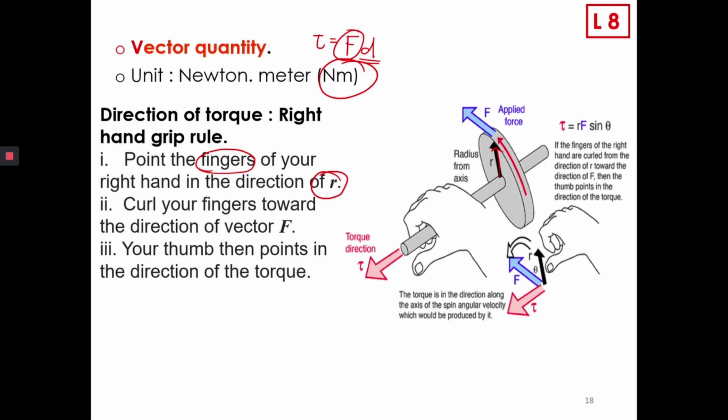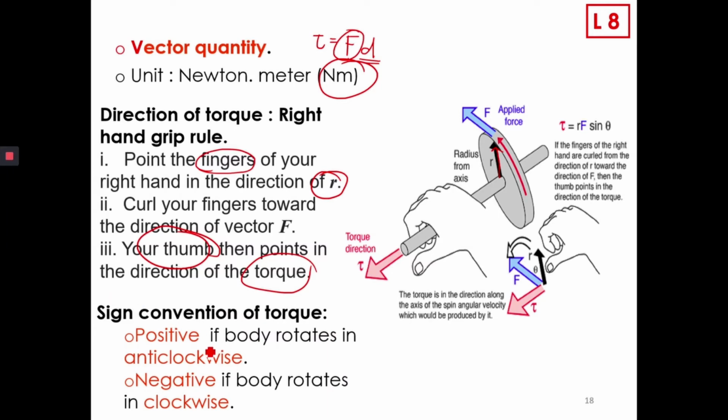So your fingers point upward, then you curl into the page. Your thumb points in the direction of your torque. So you can see that your thumb is directed to the left. r upwards, curl into the page towards force, then your thumb will be to the left.